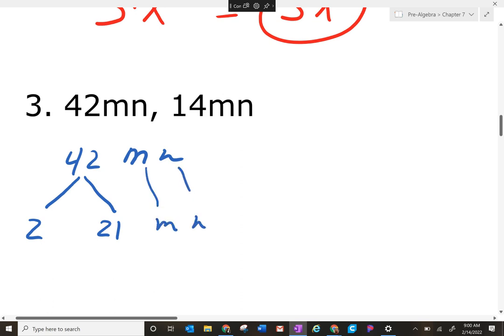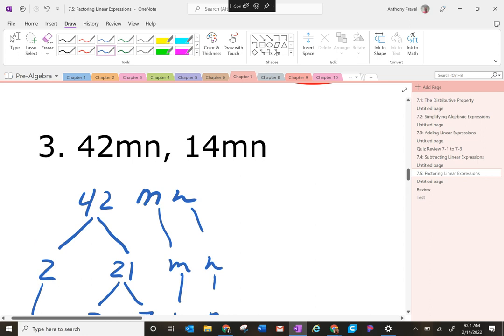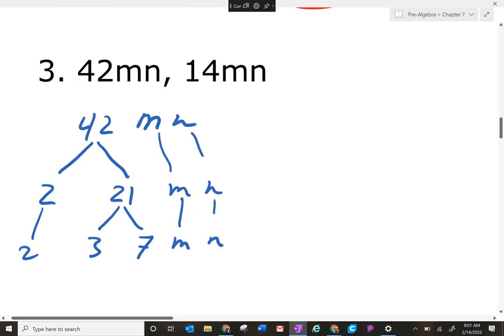Then I got an m, then I got an n. 2 isn't changing at all, staying the same. 21 can get broken down, though, into a 3 and then a 7, m, n. Can I do anything else? No. Done. We're done with it. We're not going to touch it again for a while. I got this 14, m, n.